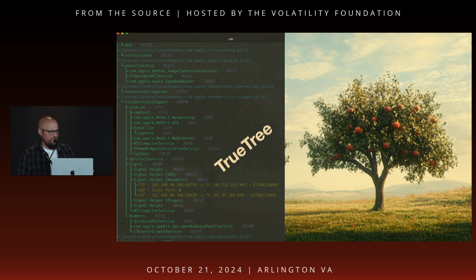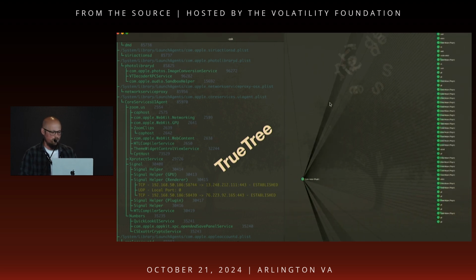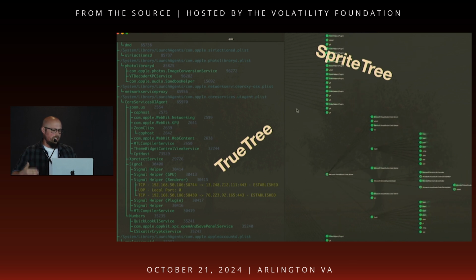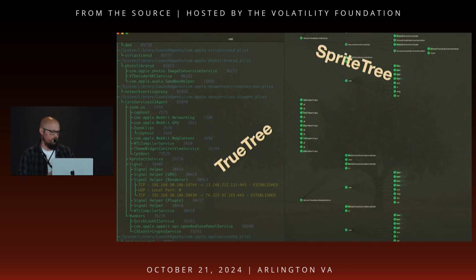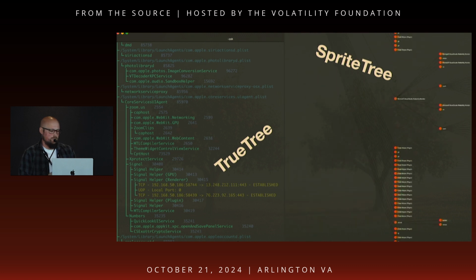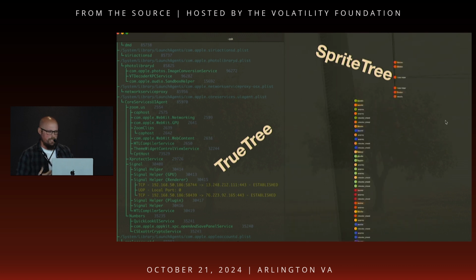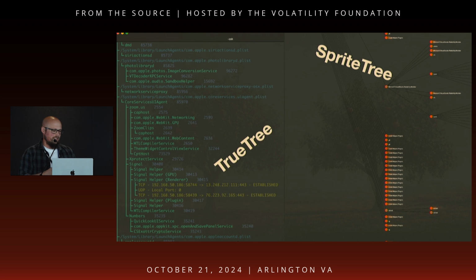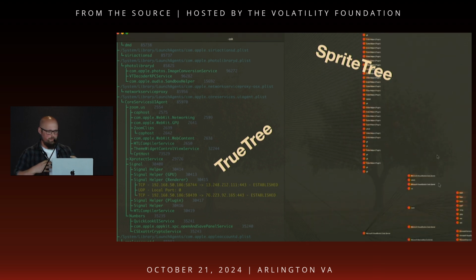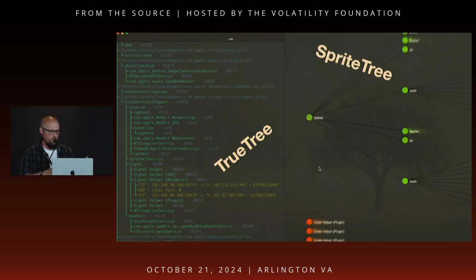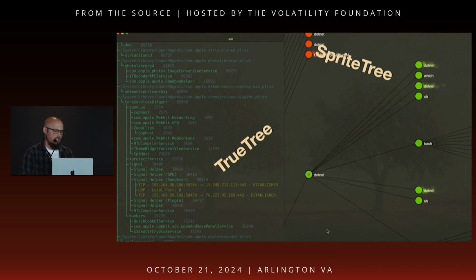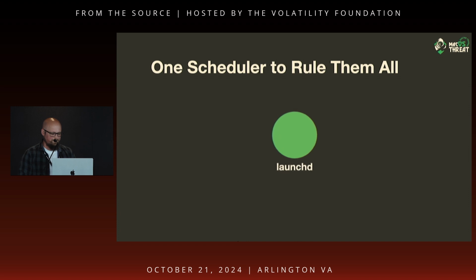There's some difficulties around that, and there's a reason why we need a tool like this on macOS, and I'll get into that soon. The other is Sprite Tree, and I'll get into this a little bit later. This is a tool I built with some friends that uses the Apple SpriteKit engine, or the game engine, to display process trees from captures of the Endpoint Security API data. So more real-time capture and analysis, and I'll get into that in a bit.